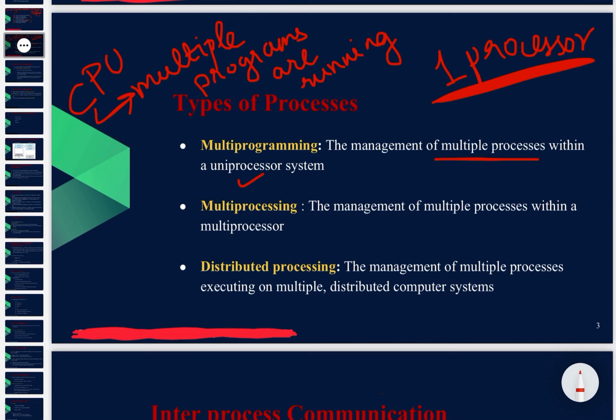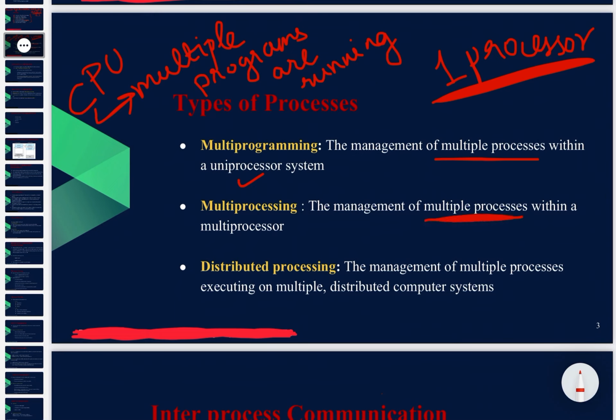What is multiprocessing? The management of multiple processes within a multiprocessor. Multi-programming means uniprocessor, only one single processor and many programs. Multi-processing means many processes and many processors.